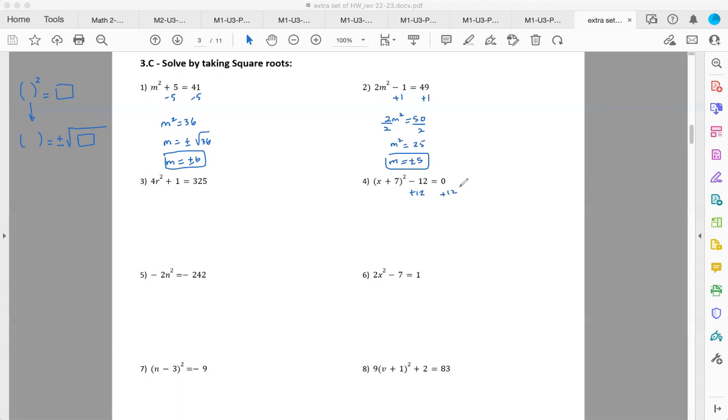Okay. For number 4, for instance, again, you add 12. Remember, when you're solving for a variable, you want to work from far to near, meaning the -12 must go first. So you're adding 12 to both sides. This gives you (x plus 7) quantity squared is equal to 12. And then you take the square root, right?